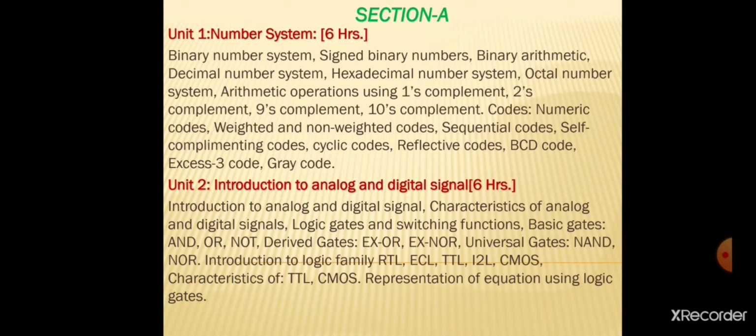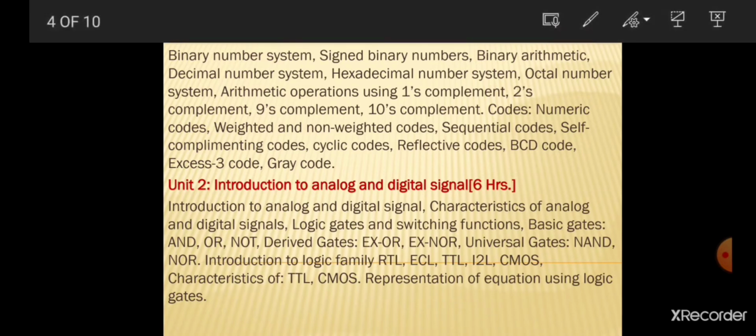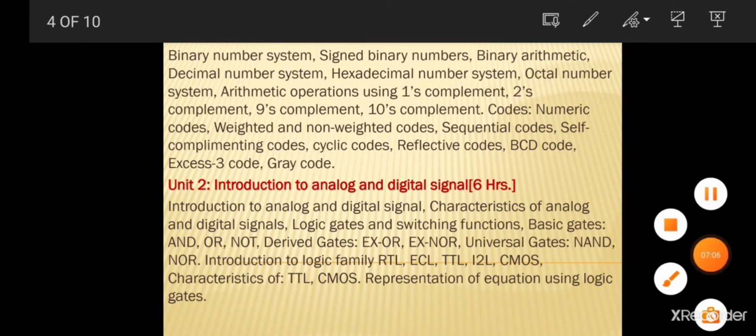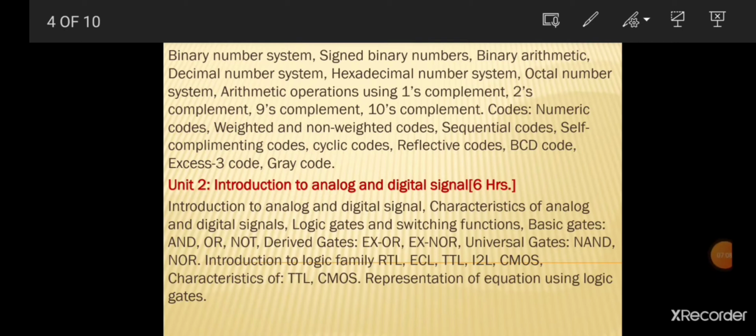In this we are going to see the introduction to analog and digital signals. In this chapter we are going to see the introduction of analog and digital signals, which we will study on the basis of their characteristics, the parameters of those signals, whether they are analog or digital.